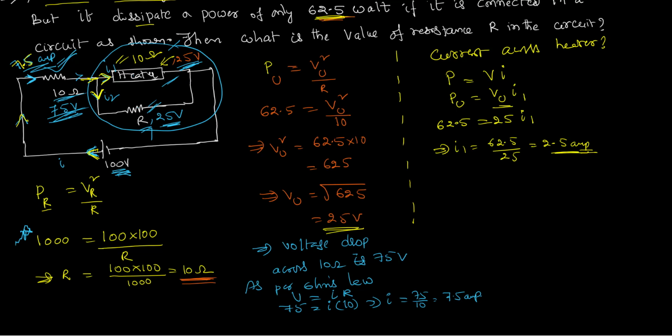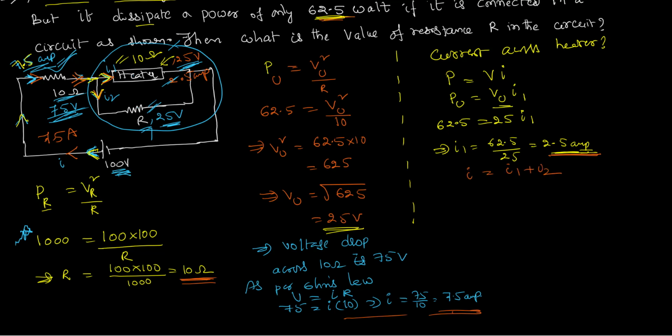So from here, the total current, as I have calculated here, 7.5 amperes goes, and that 7.5 goes up to here. After reaching this point, this 7.5 gets split. How much is passed through this heater? We have already calculated it as 2.5 amperes. So this total current as per Kirchhoff's law must be equal to I1 plus I2.